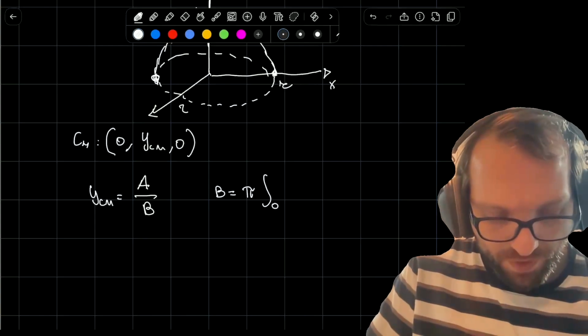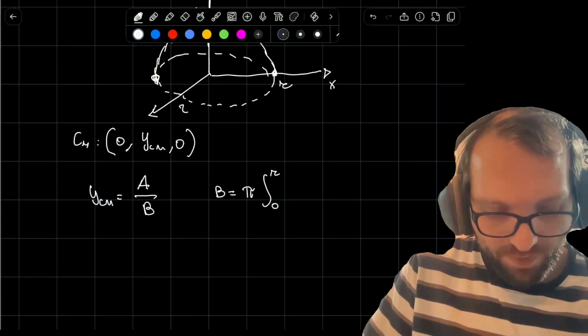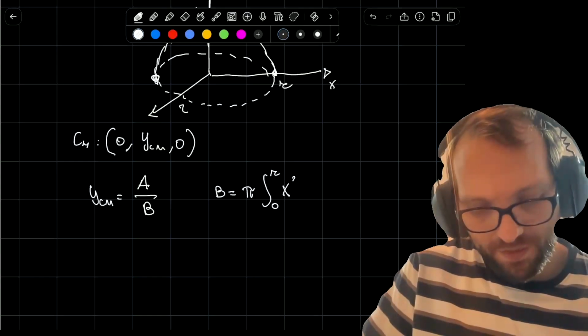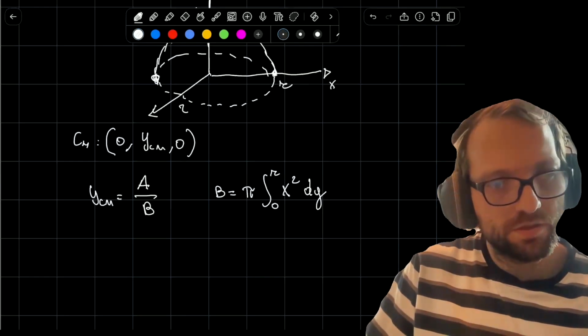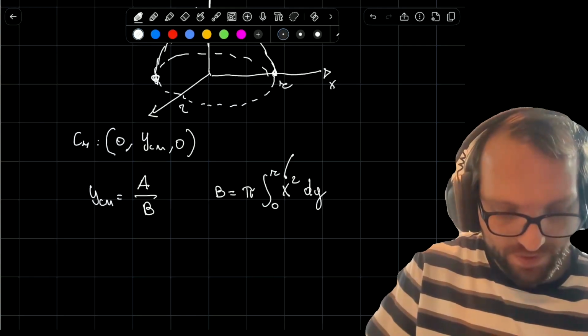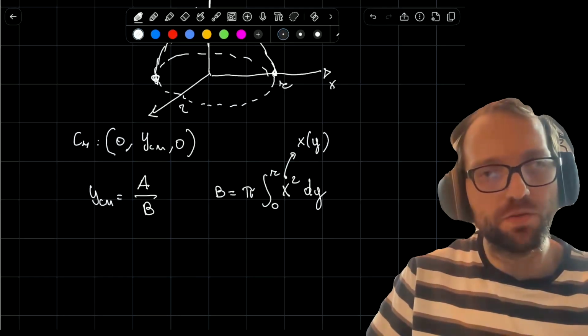So it's going to be pi times the integral from 0 to r of x squared dy, where x here is the function x with respect to y.